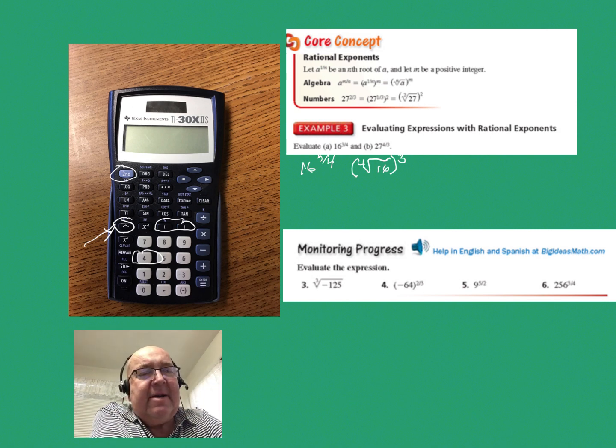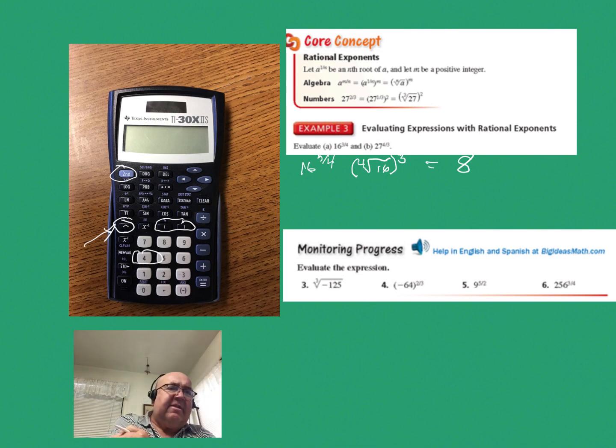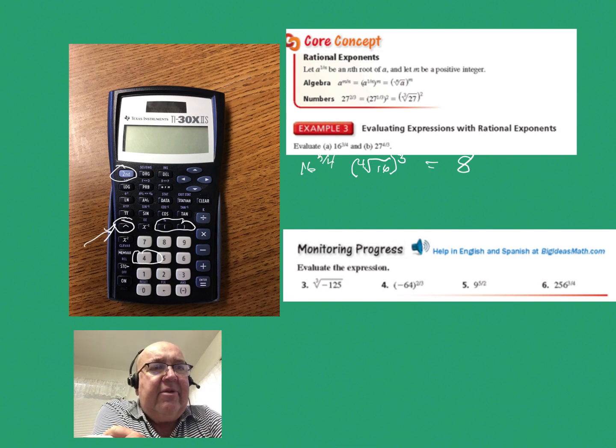What we're going to end up with is our answer is going to be 8. The fourth root of 16 is plus or minus 2, and then cubing that is going to give you 8. I guess we could have plus or minus 8 on this, but I think 8 will be a good enough answer for what we're doing.